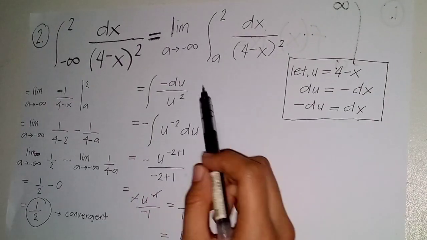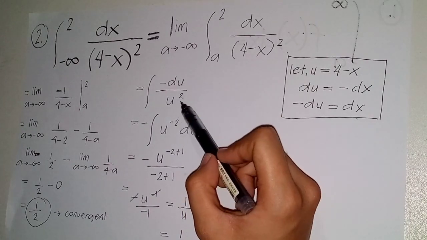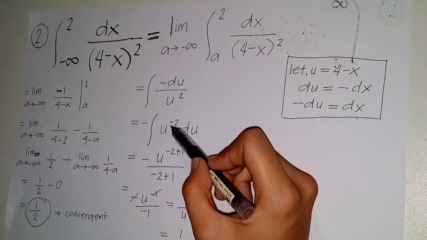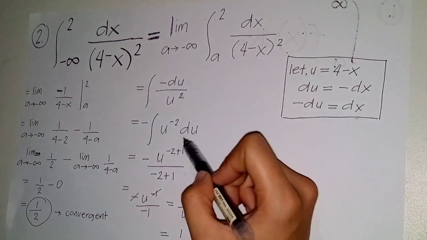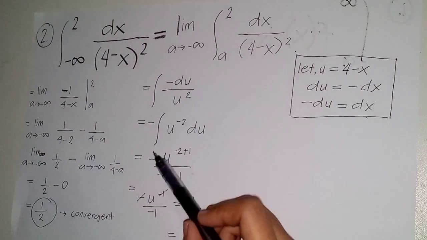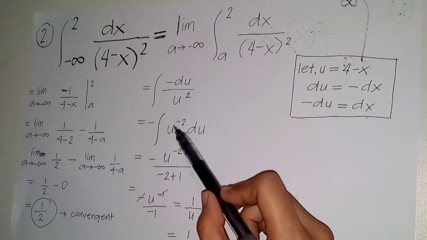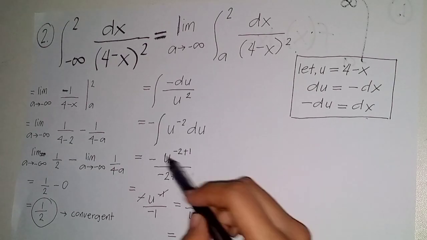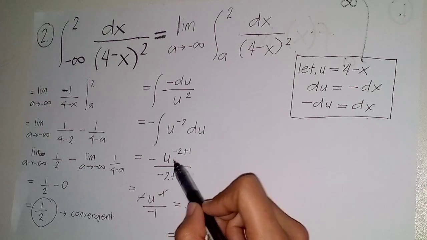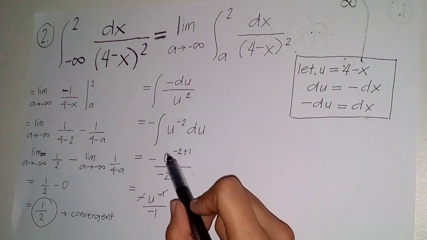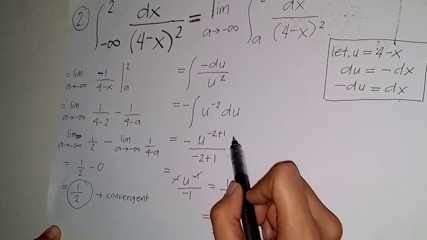The inverse of 1 over u squared is u raised to the power of negative 2, right? The du here, let us put right beside this expression. And then the integral of u raised to negative 2 is, copy the negative sign, and then let us do the power rule. So u raised to the power of negative 2 plus 1.